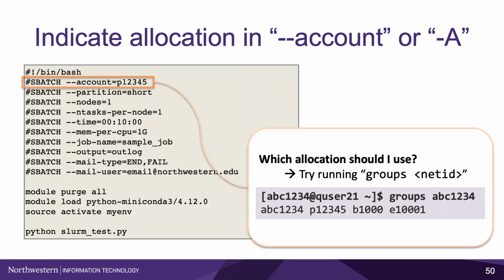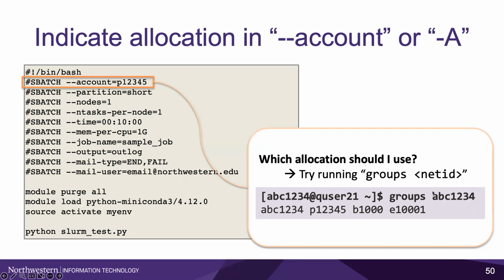This first one is called account, and this is where you indicate the allocation that you want to use in this job submission. As we see here, it's --account equals your allocation. So how do you know which allocations you can use in this section? You can try running the command groups followed by your own net ID.